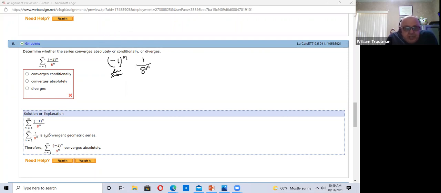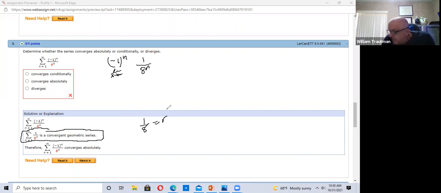However, if we just look at 1 over 8 to the n, this is a geometric series where r equals 1 over 8.